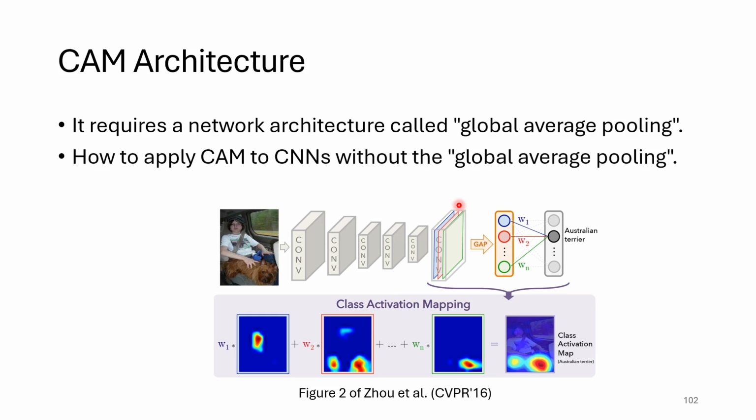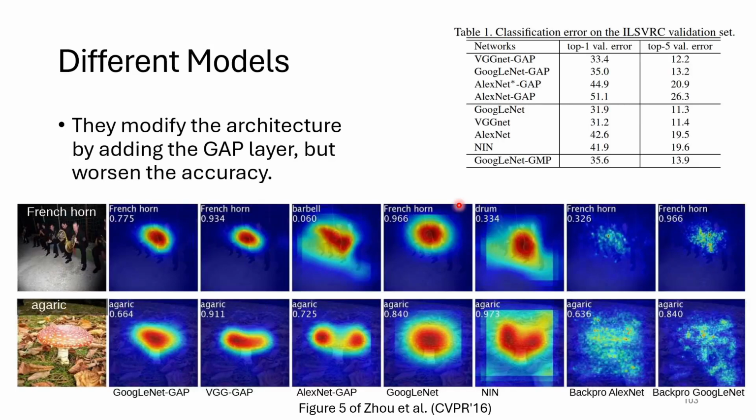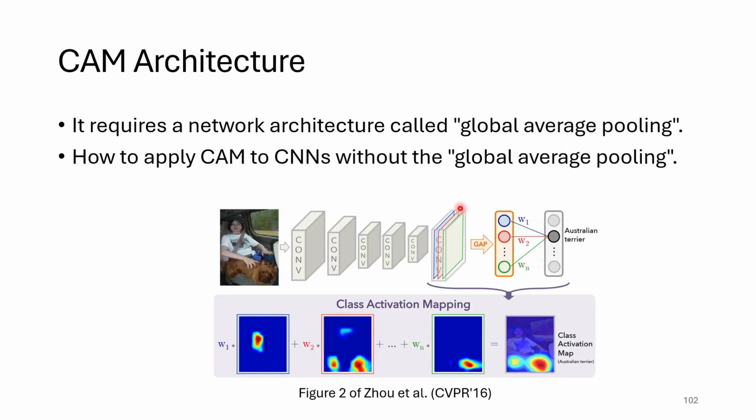You cannot generate the CAM map. So for some image classification algorithms, for example, GoogleNet, VGGNet, AlexNet, these three networks don't have the global average pooling layer. So what should I do?